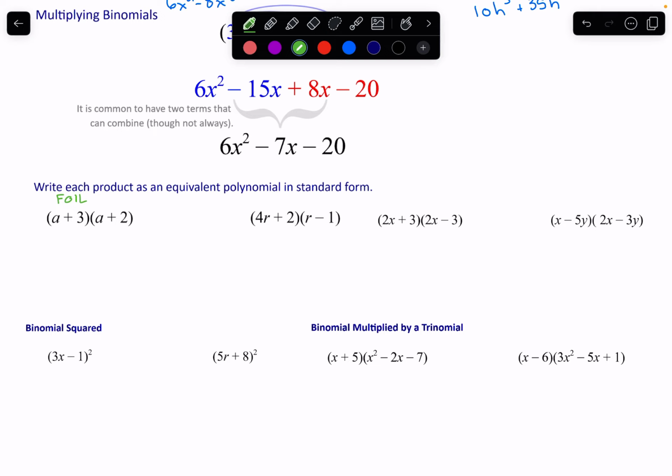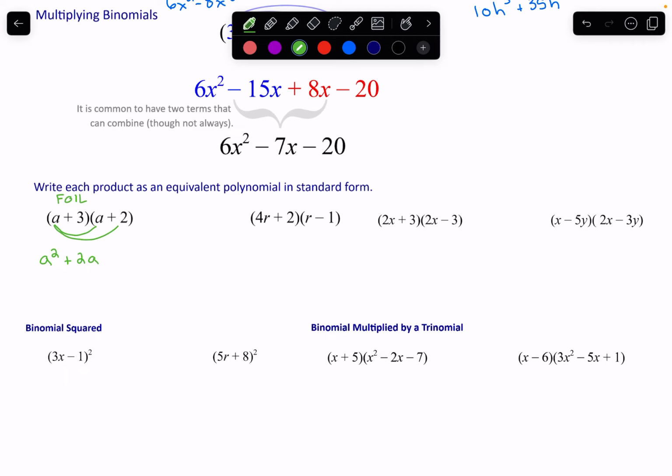So what FOIL is meant to help you remember is to multiply everything in the first parenthesis by everything in the second parenthesis. So you take this a and times it by that a, and you get a squared. Then you take this a and times it by this 2, and you get plus 2a.